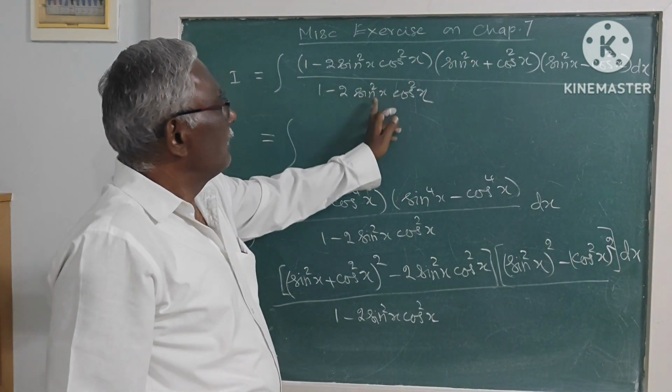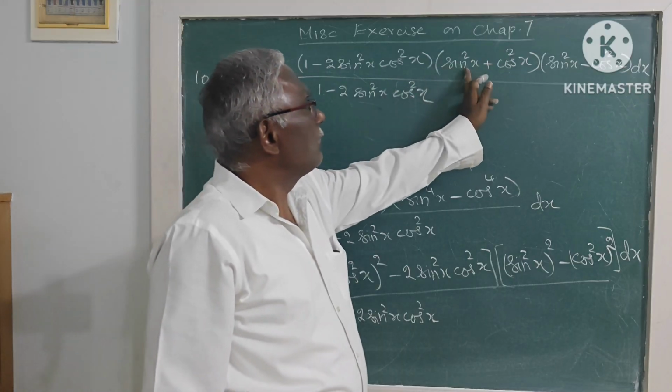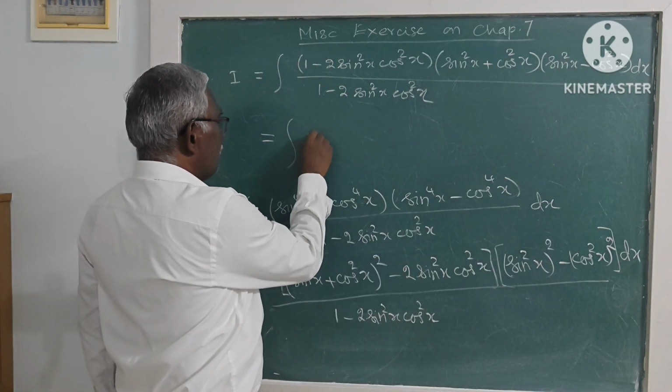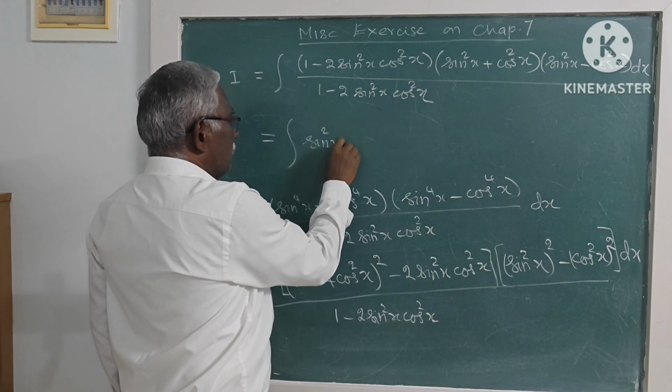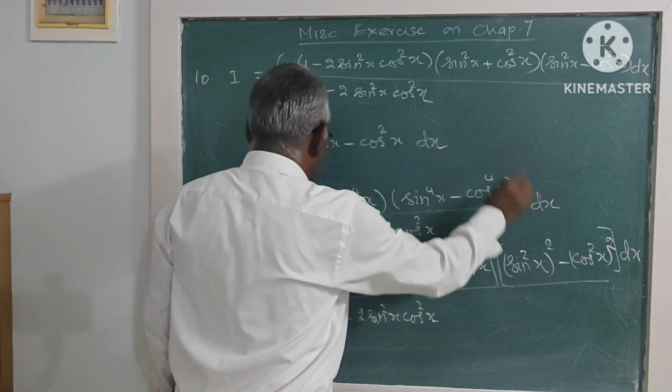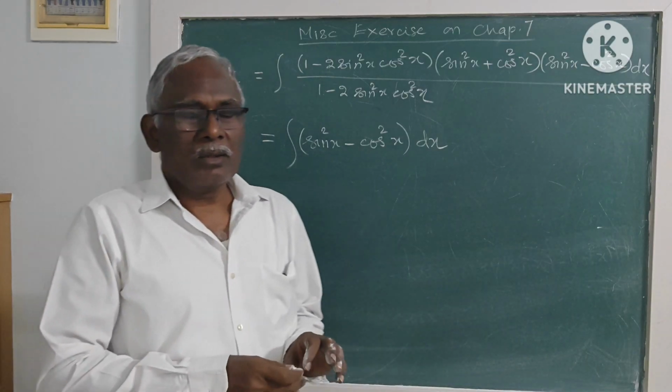Now this and this term gets cancelled. Sin square x plus cos square x is 1. Simply we are getting sin square x minus cos square x dx. What is sin square x minus cos square x?